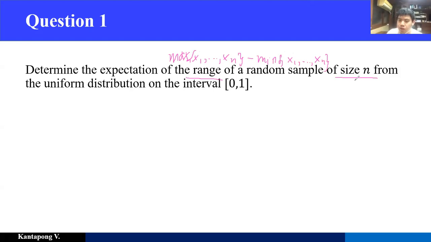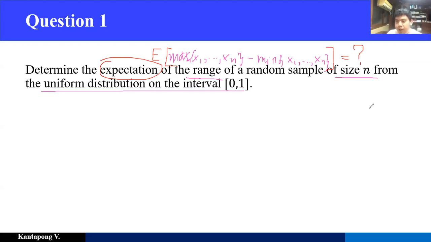Each sample comes from the uniform distribution on the interval 0 to 1. The range is a random variable, so we want to find the expectation of it. If you're watching this video, please pause and try to do it first, before seeing the solution.